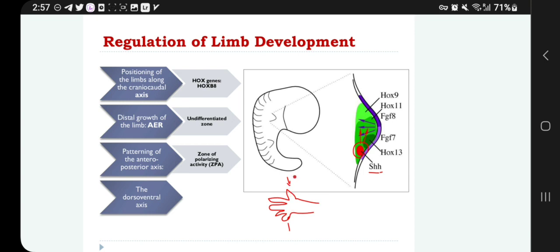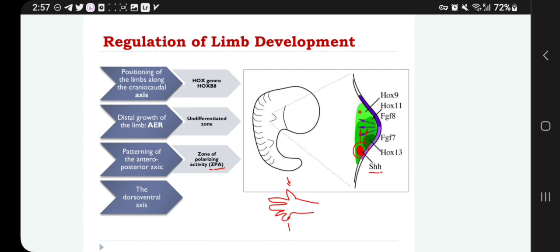The thumb is in the anterior and the little finger in the posterior. And after that, with the rotation, the little finger is medial and the thumb will be lateral. So the ZPA is so important. Why? Because it clarified for us the organization of the fingers.